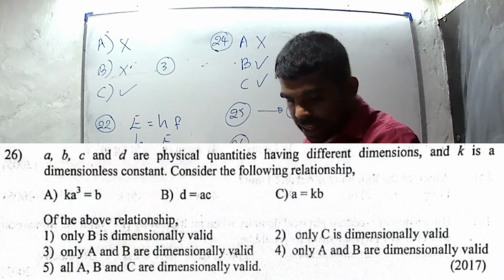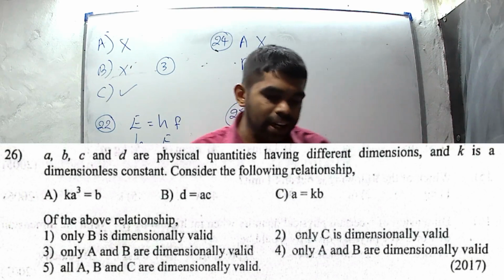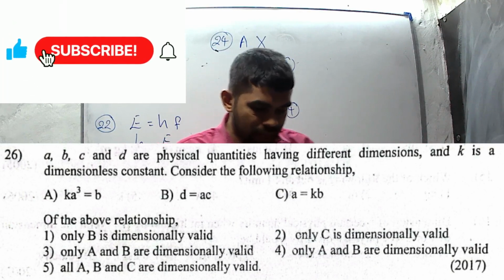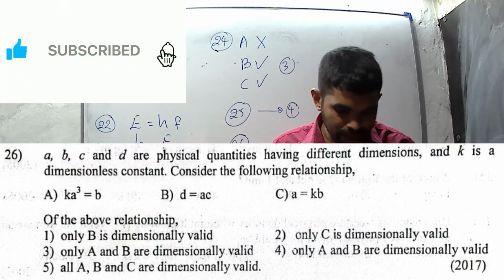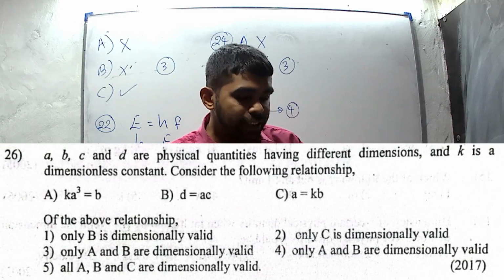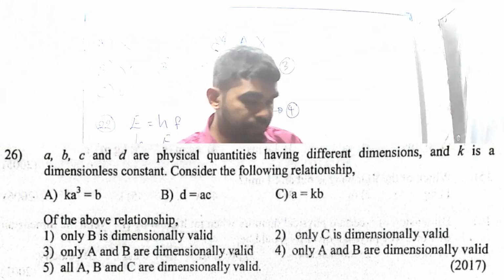Question number 26. A, B, C and D are physical quantities having different dimensions and K is a dimensionless constant. Consider the following relationships. For the above relationships, we have to select dimensionally valid ones.